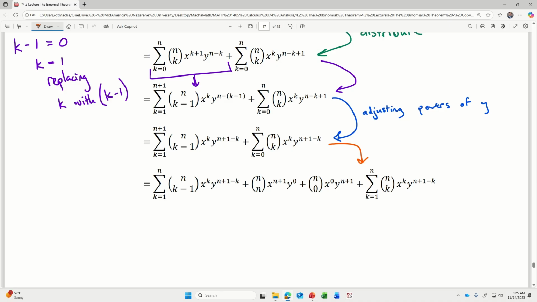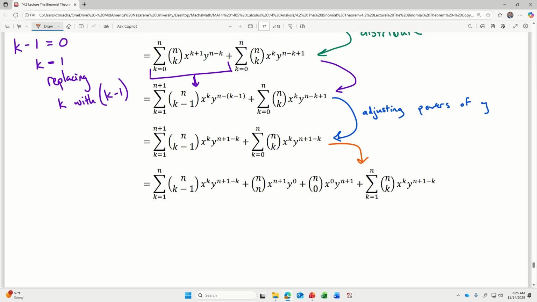Yeah, that's okay. Because like I said, this is a tough one to wrap your head around. Notice the first sum is exactly the same, except for what? Yeah, I took this down from n plus 1 to plain old n. And so that means there's an n plus 1 term missing. I'm missing the term now where k is equal to n plus 1. So I'm missing the term where you have n choose n plus 1 minus 1, or n choose n.